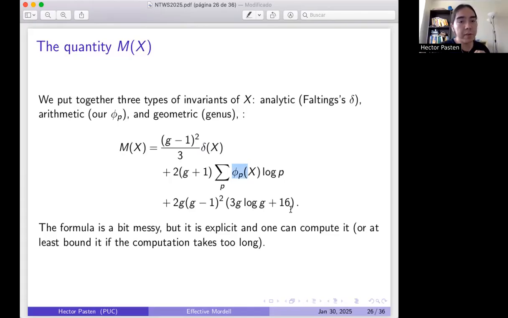And the formula is a bit messy, but you can imagine that if you can compute the delta invariant, then you're done, because these phi_p are really easy to compute. You just compute the special fiber, and this is even programmed for some curves. And then you do some linear algebra with the intersection matrix, and then you get the phi_p. Good. So it's ugly, but it's not too big. It's linear in the relevant invariants. And although the formula is a bit messy, one can compute it, or at least give an upper bound for this capital M.